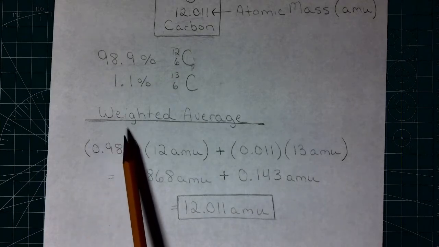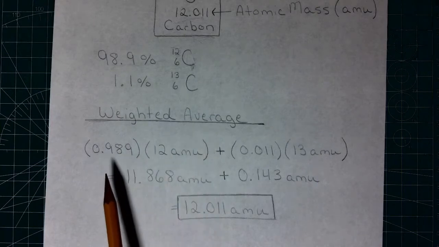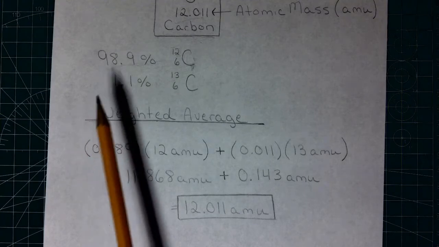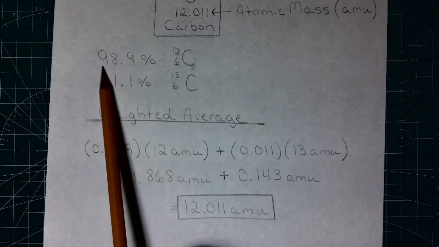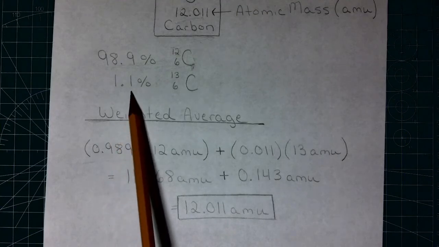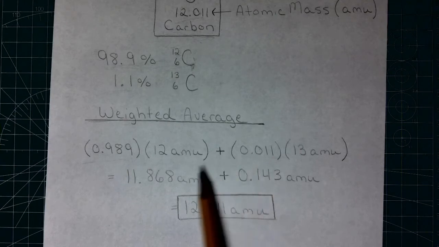And the way that we're going to do that is with something called the weighted average. In this case, what the weighted average winds up being is I'm going to convert this percentage to a decimal form, and I'm going to convert this one to a different decimal form.